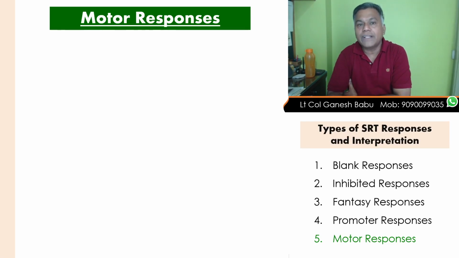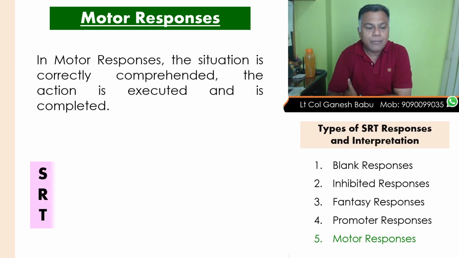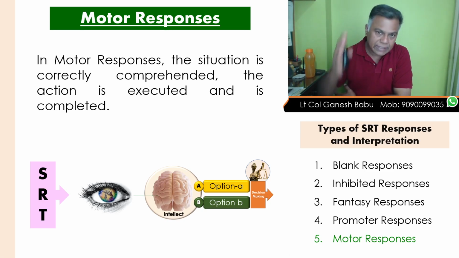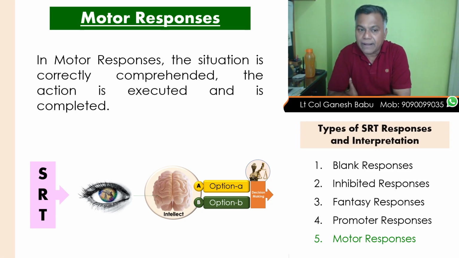And what is motor responses? These are the kind of responses that are most desirable for the purpose of understanding. In motor responses, the situation is correctly comprehended by the candidate, the action is executed correctly and in detail and is completed. Meaning, after initiating the action, a clear-cut end is also visible.